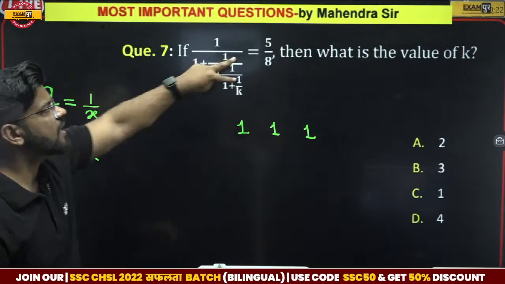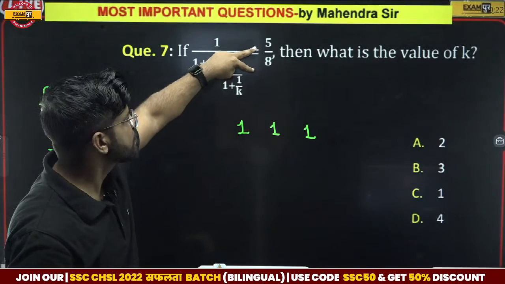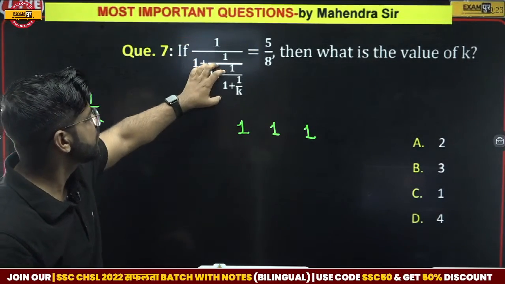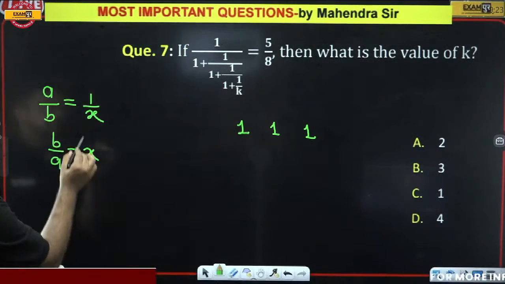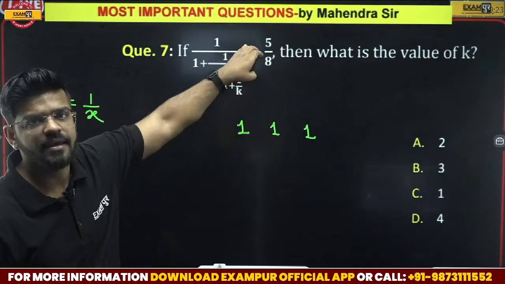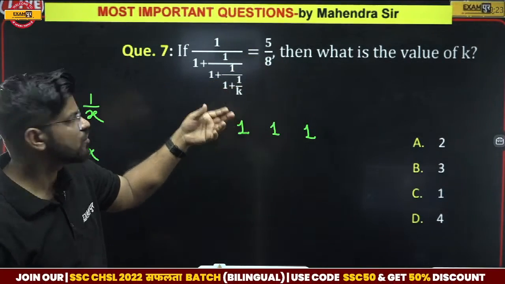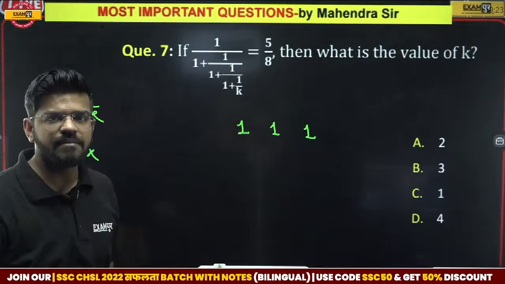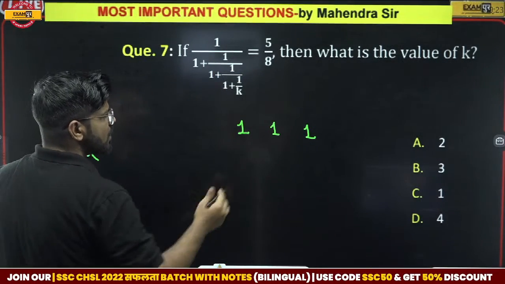The same thing we are going to do here. When we reverse this, this part will also get reversed and come to the numerator. We have to do this again and again, at least 3 times. So let's see how.